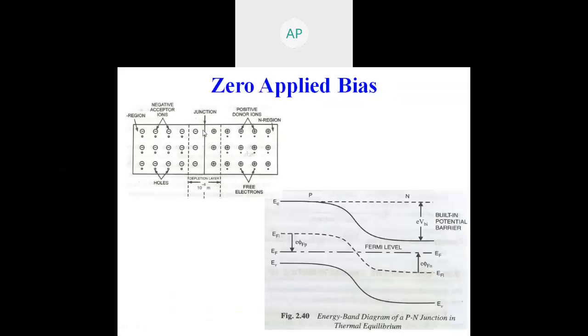Okay, so here is the Fermi level. Remember that the Fermi level for zero bias applied is at the center of the energy bands.